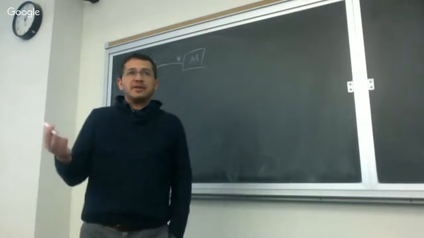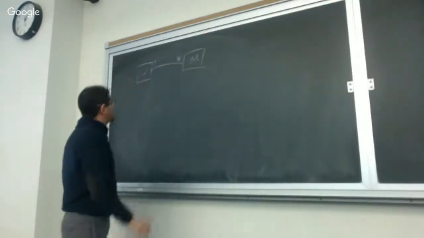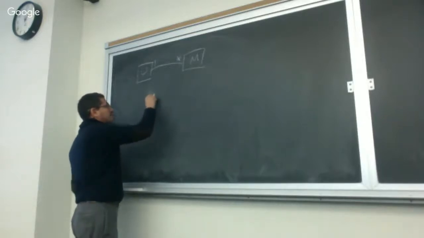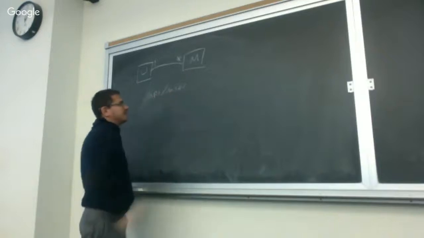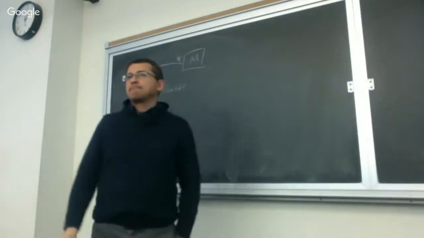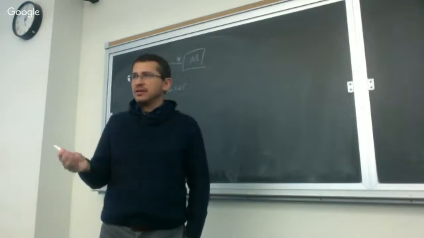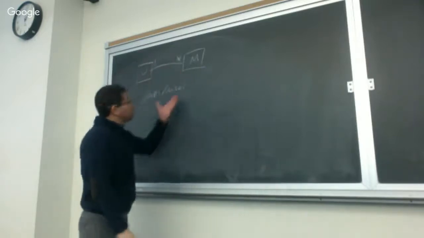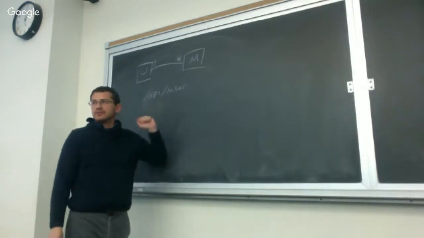A RESTful API that would allow you to access this data would be something like this. It would be /API followed by user. If you say user and you don't say which user, then the understanding is that you want all the users. So I return to you an array of users.